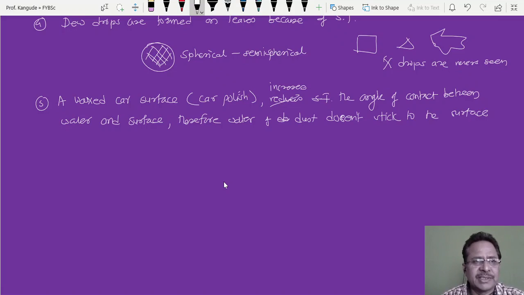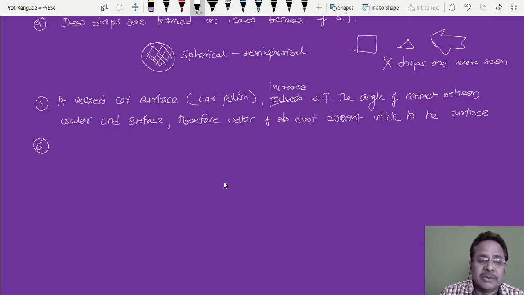When such waxing is done, the angle of contact between water drops and the polished surface is increased, therefore water cannot easily stick to the surface, and it cannot attract dust, and the surface looks clean and neat. That is one application, waxing of the car surface. The car may be glass or any metal surface.